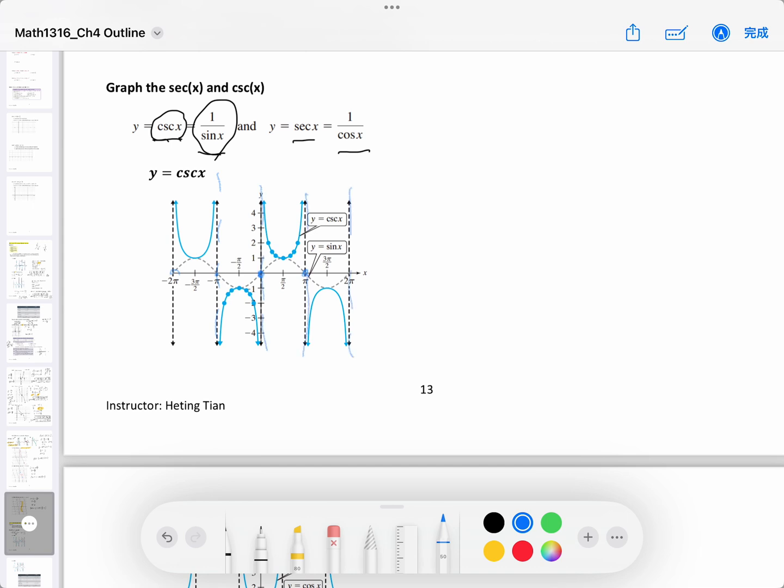And then let's do the head-to-head graph. So these graphs are the function of cosecant. Cosecant is the reciprocal of the sine function.